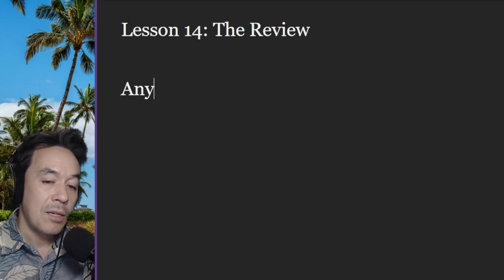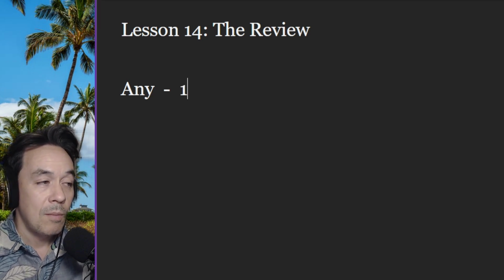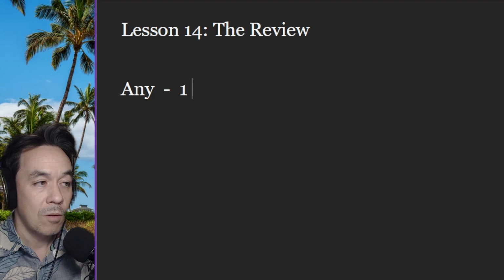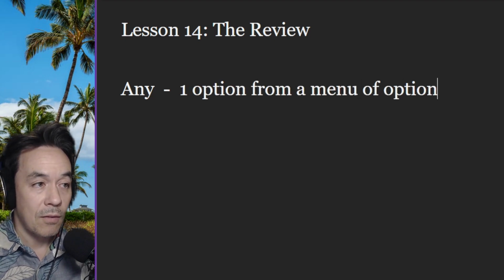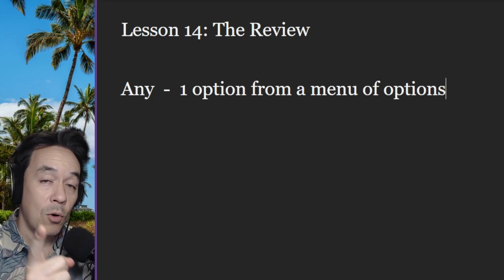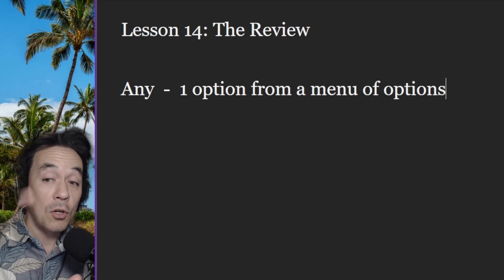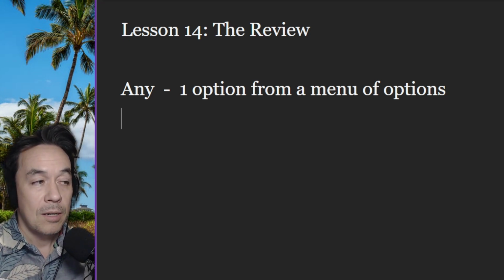The way I explain it in my other lesson, the full lesson, is that it means one option from a menu of options. So "any" means one. For example, one from a larger, more full menu or set.